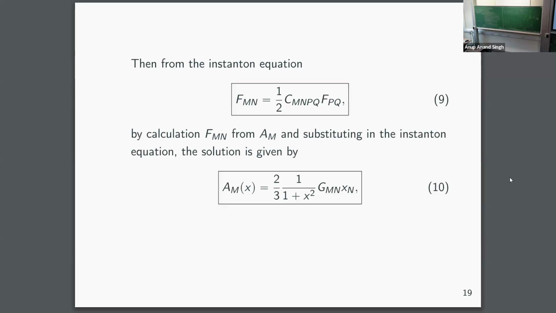And then you can calculate. So you have the ansatz for A_M. You can calculate the corresponding curvature using the formula F_MN equals del_M A_N minus del_N A_M plus the commutator of A_M and A_N.